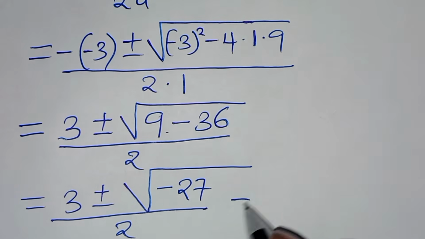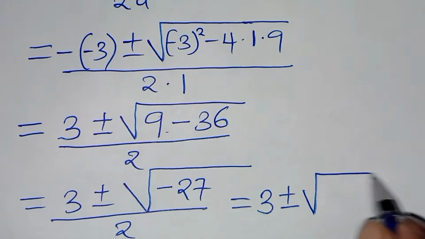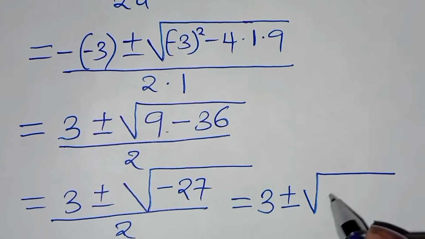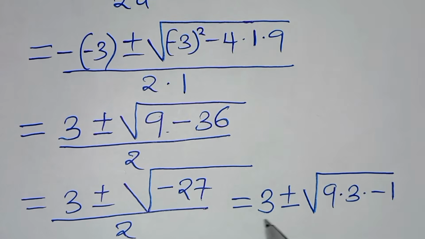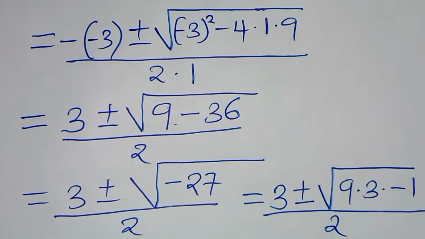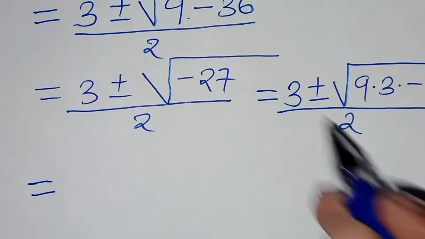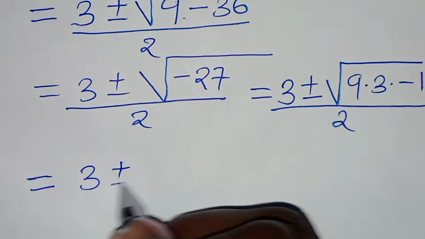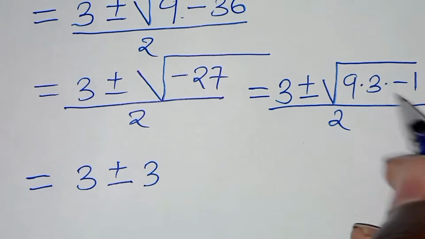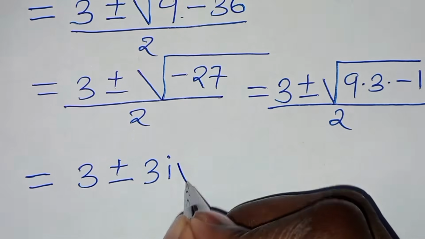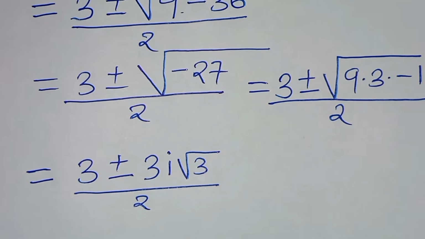So this implies that here we have 3 plus or minus, we can express the square root of minus 27 as 9 times 3 times minus 1, all this divided by 2. So this implies that here we have 3 plus or minus the square root of 9, this is 3, square root of minus 1, this is i, then square root of 3, all this divided by 2.